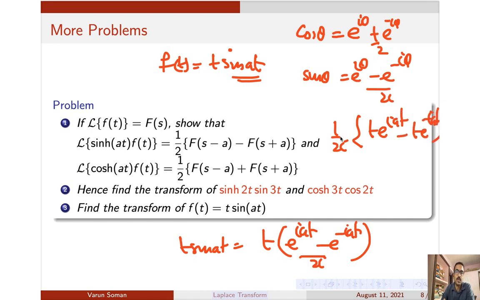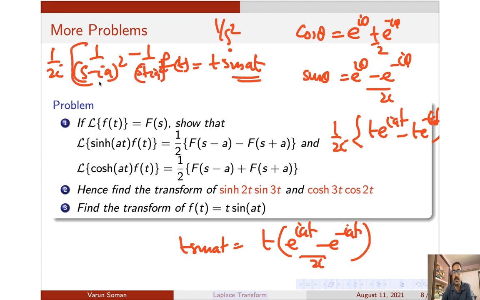Okay, so when you apply the transform, just try to do it yourselves. It will simply be 1 by 2i into L of t, which is actually 1 by s square. So when I apply this e raised to iat, it will become s minus ia. So it will be 1 by (s minus ia) the whole square, minus again 1 by (s plus ia) the whole square. How is this result coming? This is coming from the shifting theorem.